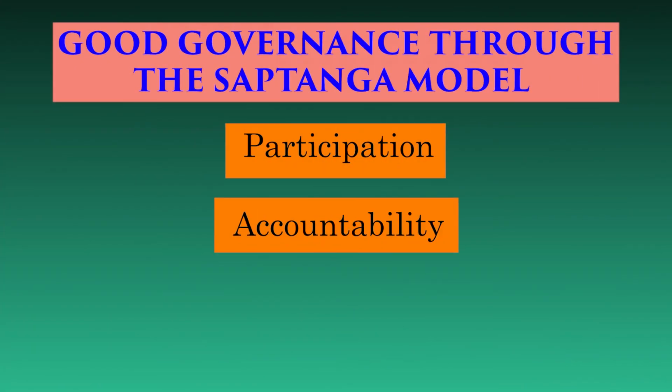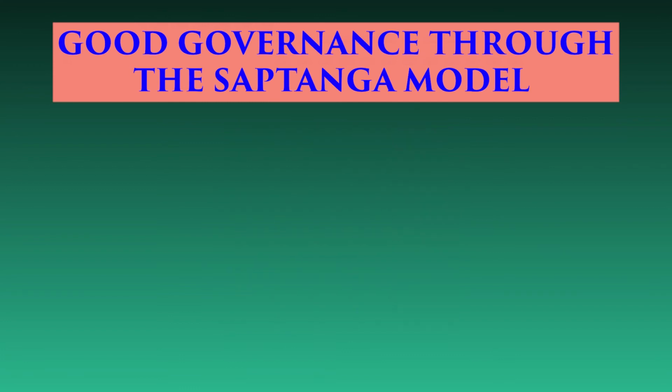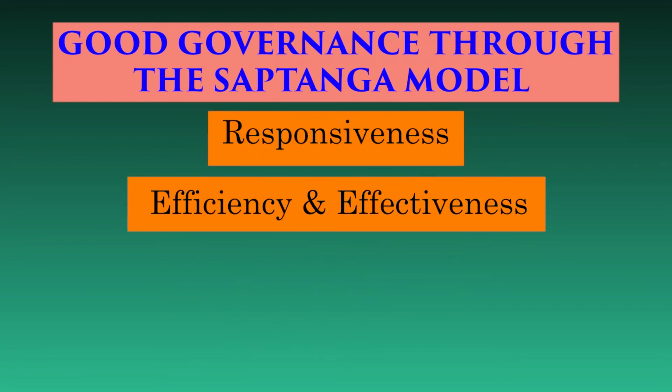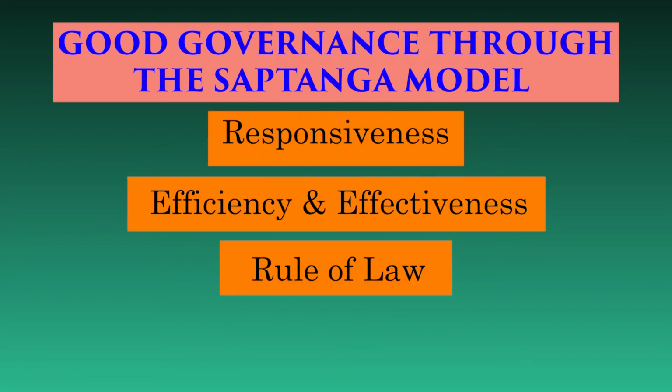In fact, all the 7 elements are complementary to and work in unison to promote the good governance ideals of participation, accountability, transparency, responsiveness, efficiency, effectiveness, rule of law, equity. In fact, Saptanga, if it properly operates, leads to the basis of good governance.